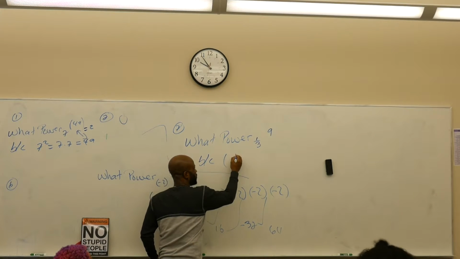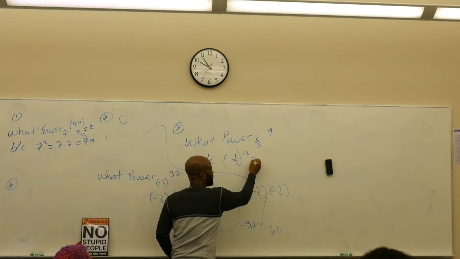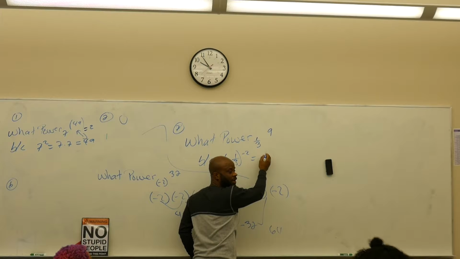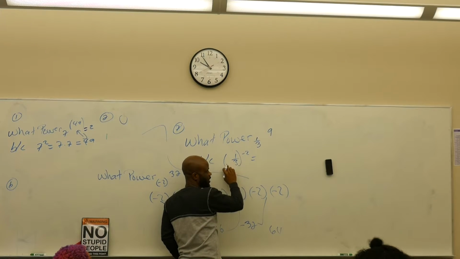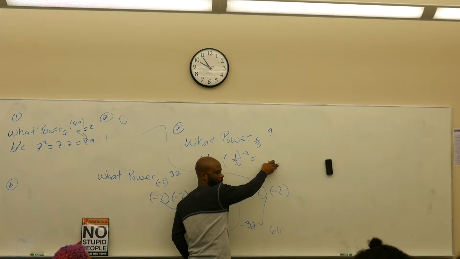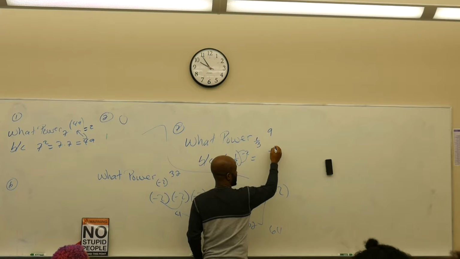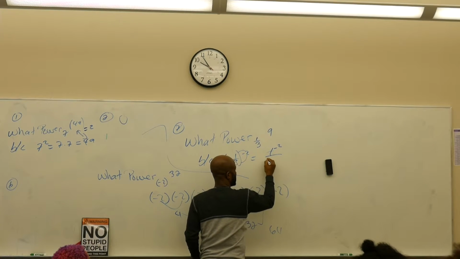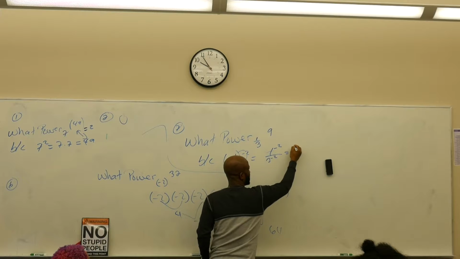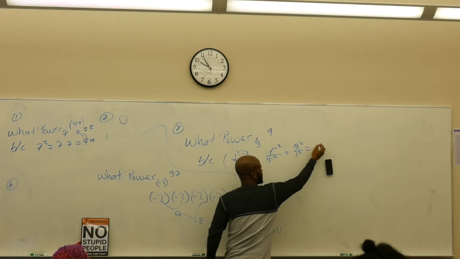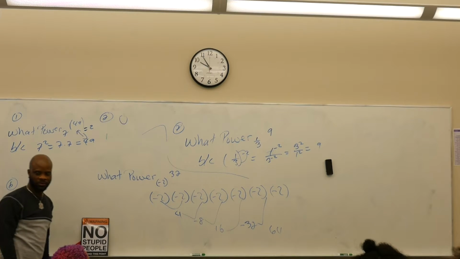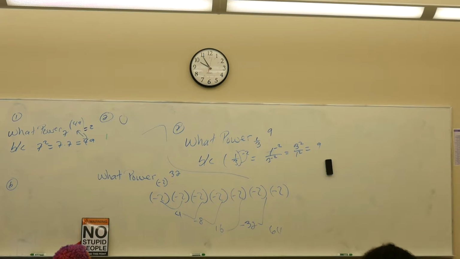Because 1/3 to the -2 is 9. I want you to walk me through the steps. So (1/3) to the -2 is 3 to the -2 flipped, which is 3 squared over 1 squared, which is 9. Properties of exponents. All right? So -2, because 1/3 to the -2 is 9.